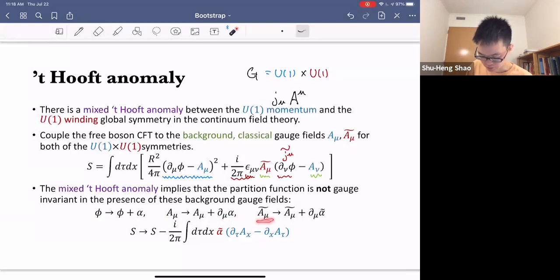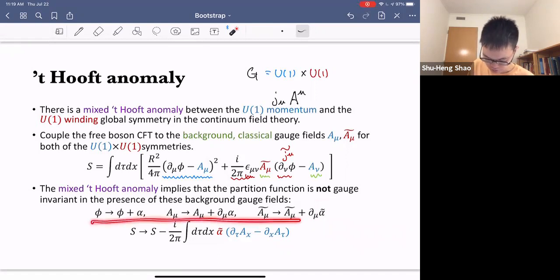And A tilde is also transformed under the U1 tilde, the winding gauge transformation, and the gauge parameter is denoted as alpha tilde. If there were phi tilde in my action, then I would also have to shift phi tilde. But I chose a duality frame where phi tilde doesn't make an appearance, so I will not write the transformation of phi tilde.